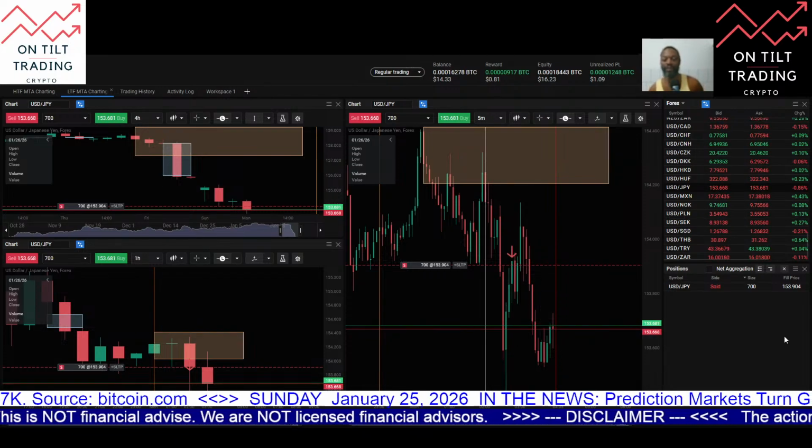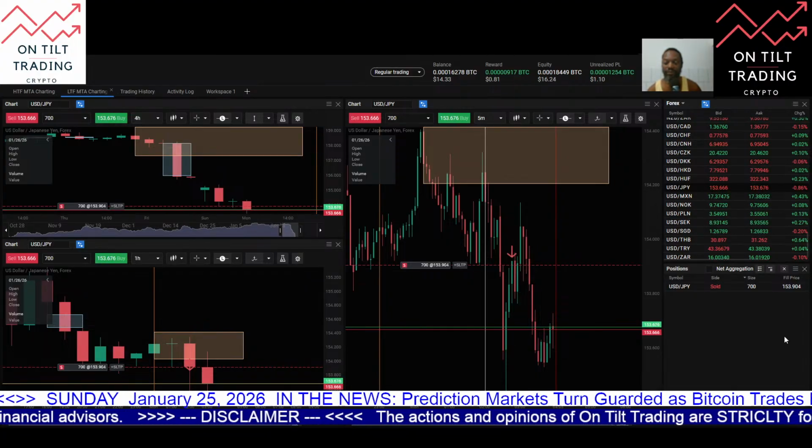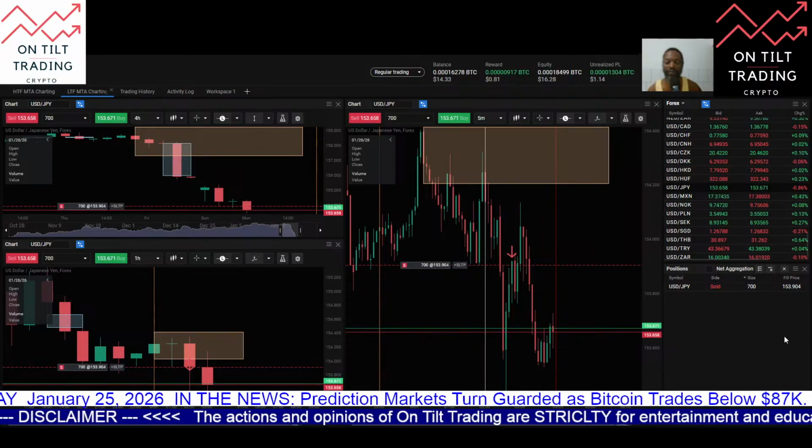Price currently consolidating between 153.680 and 153.650. Less than 1 minute remaining in the London kill zone.